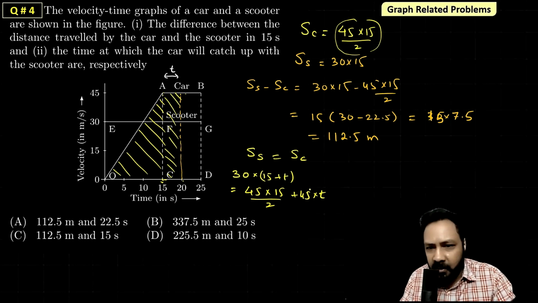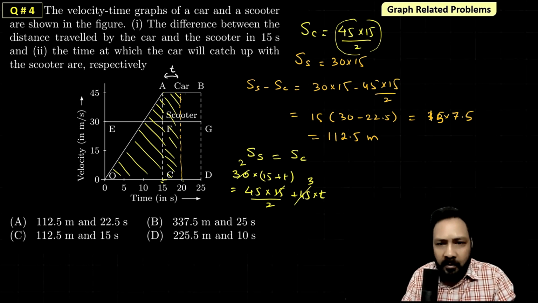What we can do is divide by 15, so that will be 3, that will be cut. Cutting by 15, that will be 2. So simplifying, that will be 30 plus 2t is equal to 22.5 plus 3t.